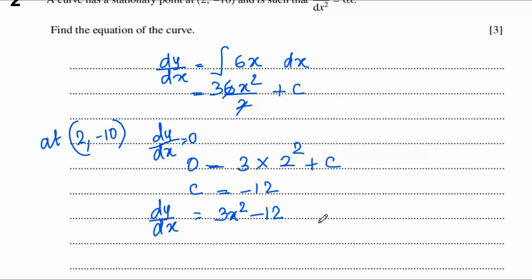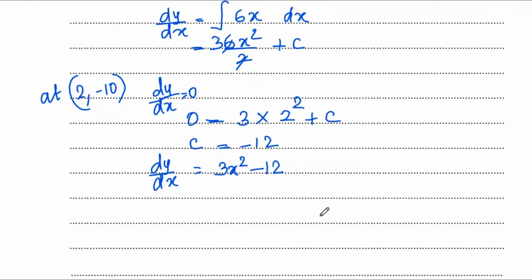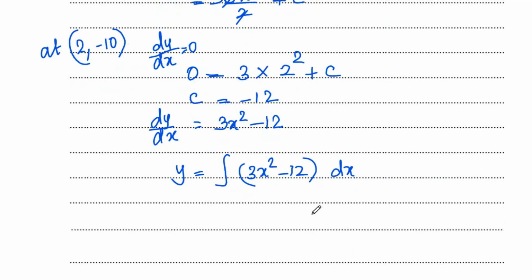Now to get the equation of the curve, again integrate this one. So we get y equal to integral (3x square minus 12) times dx, 3x cube divided by 3 minus 12x plus, instead of c, I will use the constant k here.